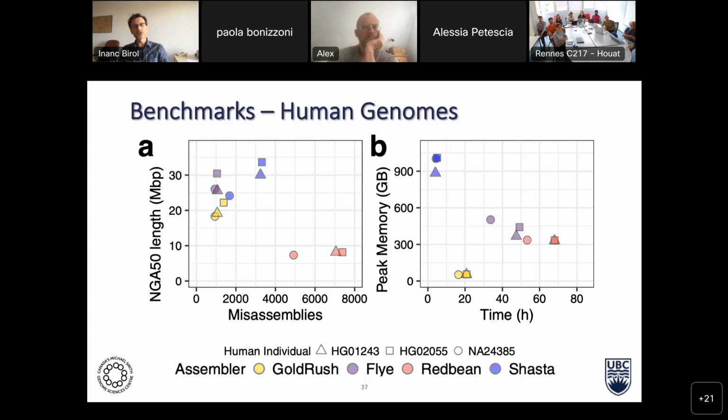If we want to employ these algorithms, say for cancer genomics, which is the bread and butter at our center, we have to be able to do these in timelines, using resources that are compatible with healthcare. So that's what we are striving for.